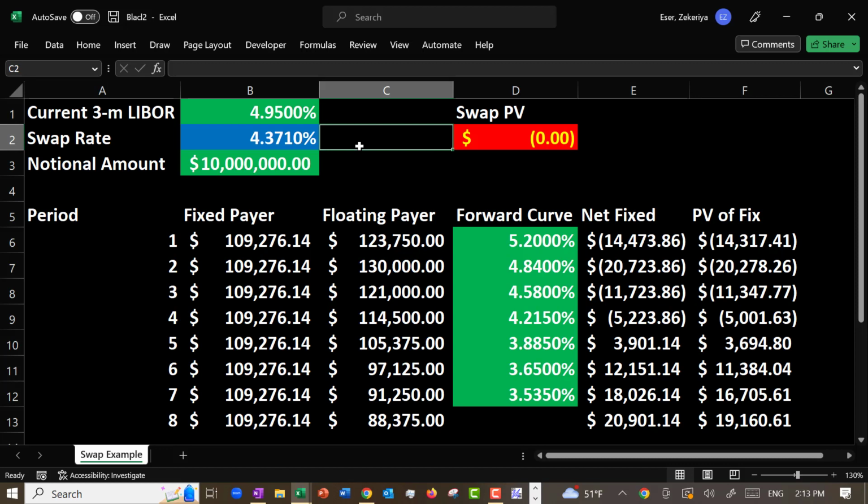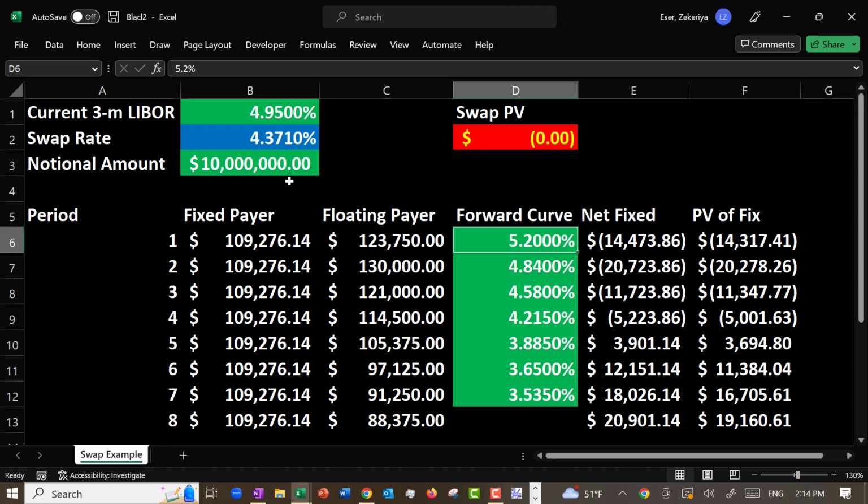Okay. Which is much lower than the current 3-month LIBOR. That kind of makes sense, you know. If I'm a floating rate payer and I want to hedge my risk, and the yield curve is downward sloping, that means the market is expecting short-term interest rates to be lower in the future.